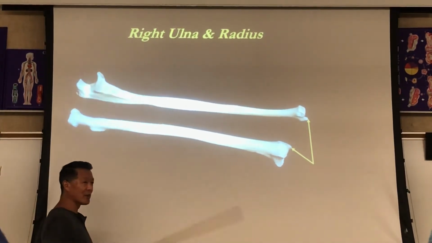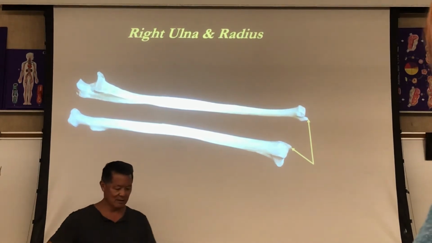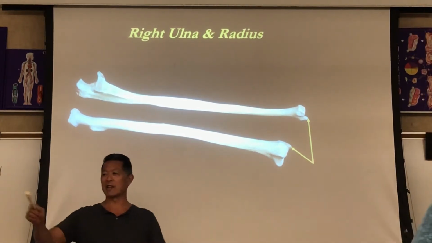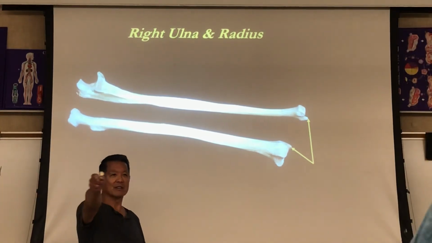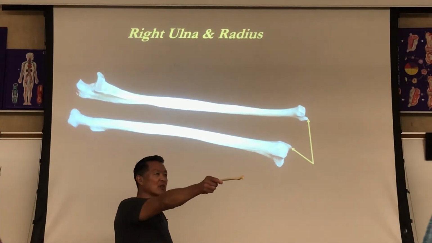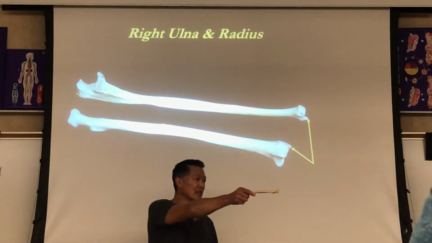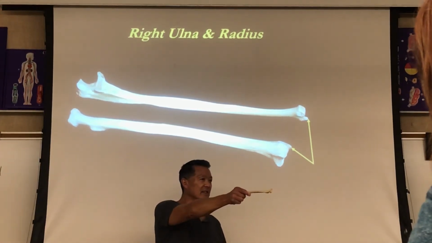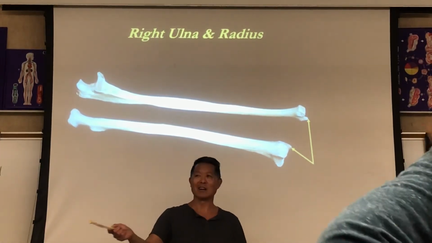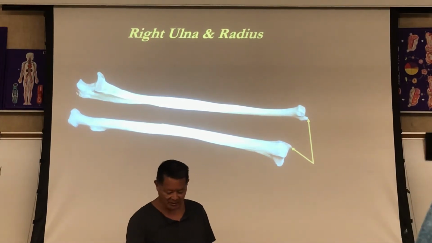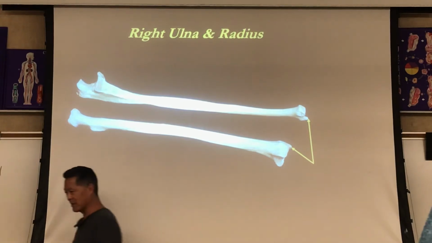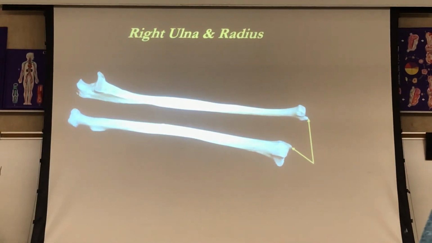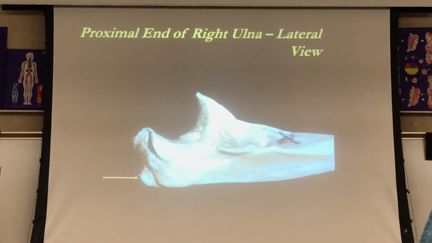See the big U, it's an ulna. See this head of the radius, how it's a disc? It's very circular. Everybody see that? Well, a circle has a circumference, a diameter, and a radius. Look at the heads of these bones, and you can see the U with the disc with the radius.